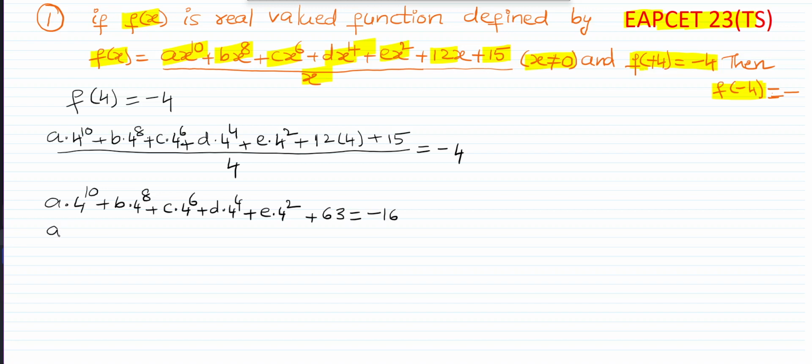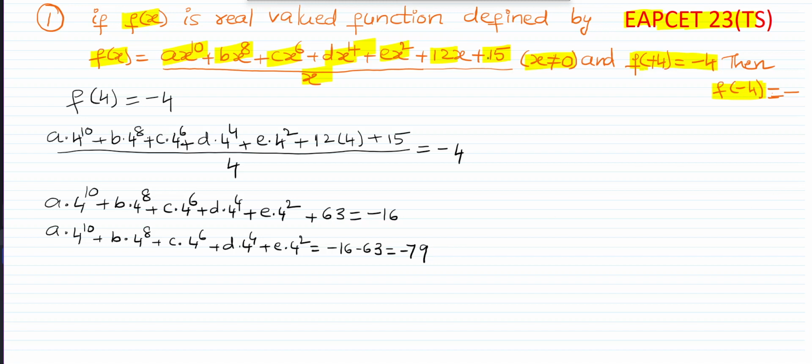From this, a into 4 power 10 plus b into 4 power 8 plus c into 4 power 6 plus d into 4 power 4 plus e into 4 square is equal to minus 16 minus 63, that is equal to minus 79. This is the value of that.